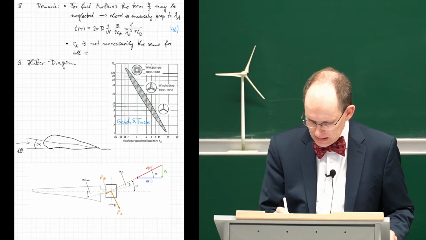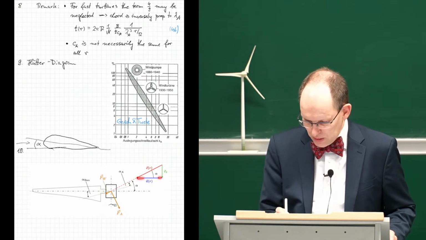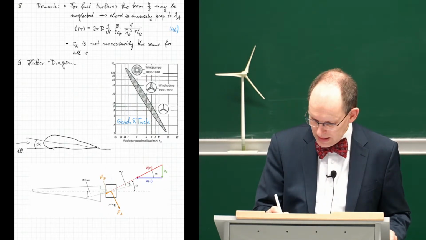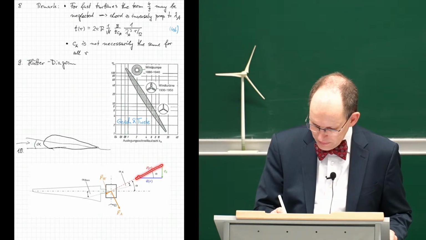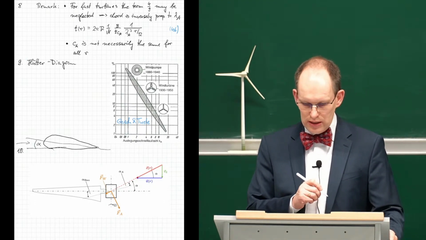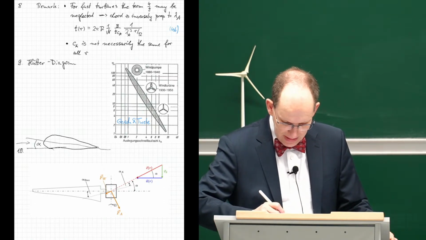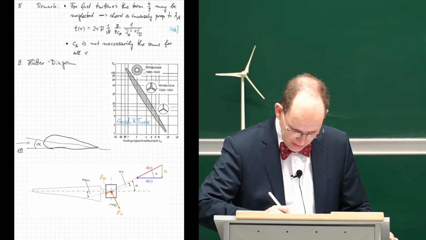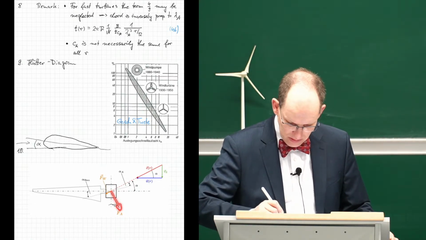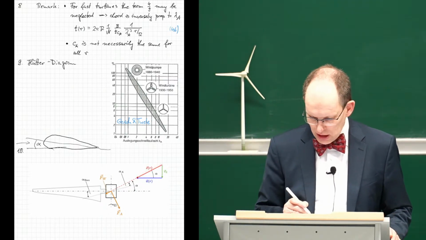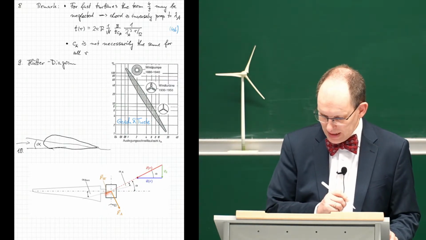So this is at least the wind component parallel to the rotor plane, and then the effective wind direction is this one here. So now we know that lift is always perpendicular to the wind direction, and drag, of course, parallel to that.